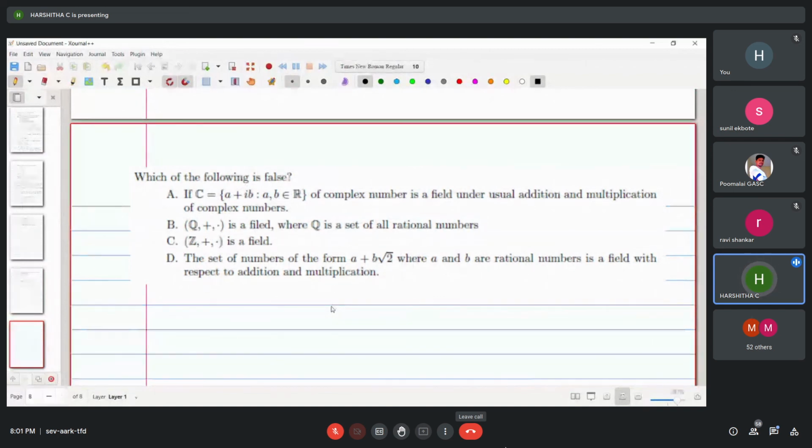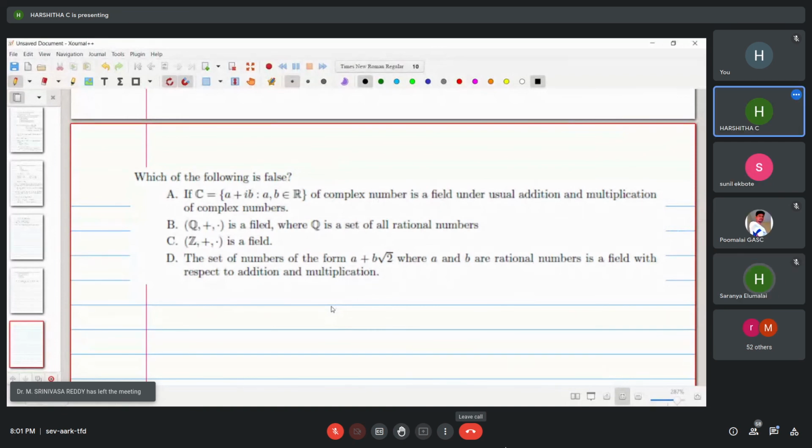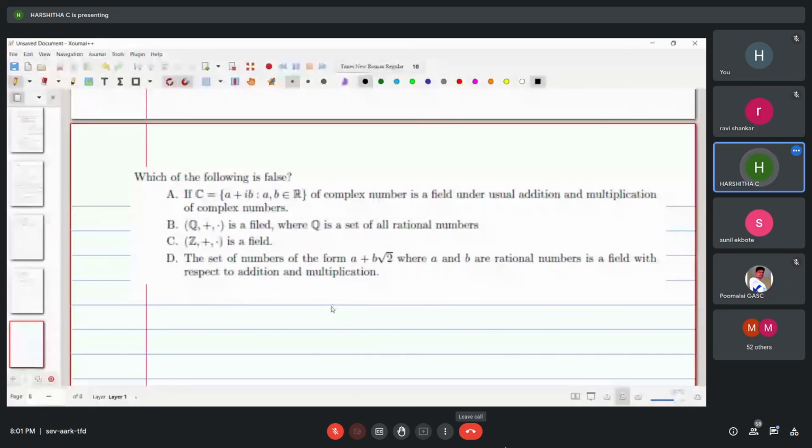Is the set of complex numbers a field under addition and multiplication? Yes. Every complex number, you can actually get an inverse. So let's quickly do it.